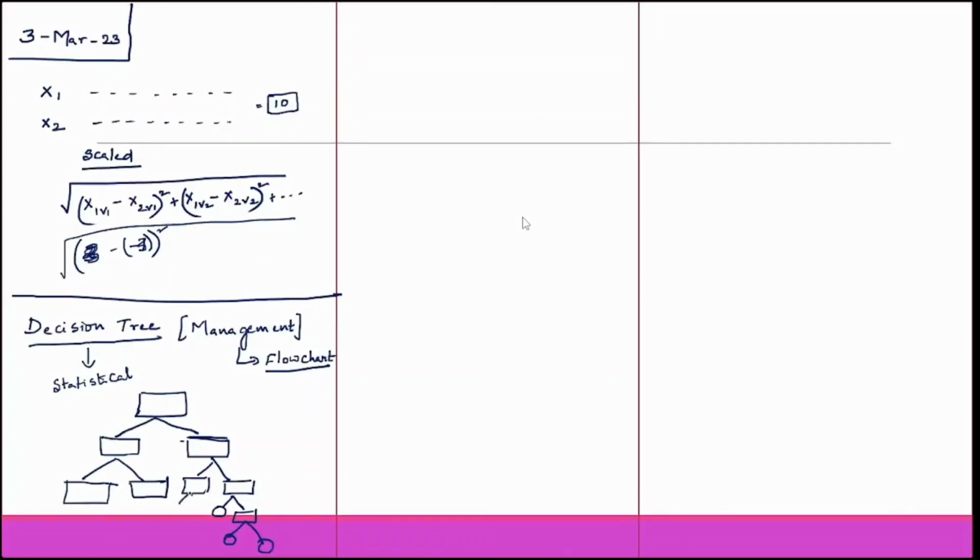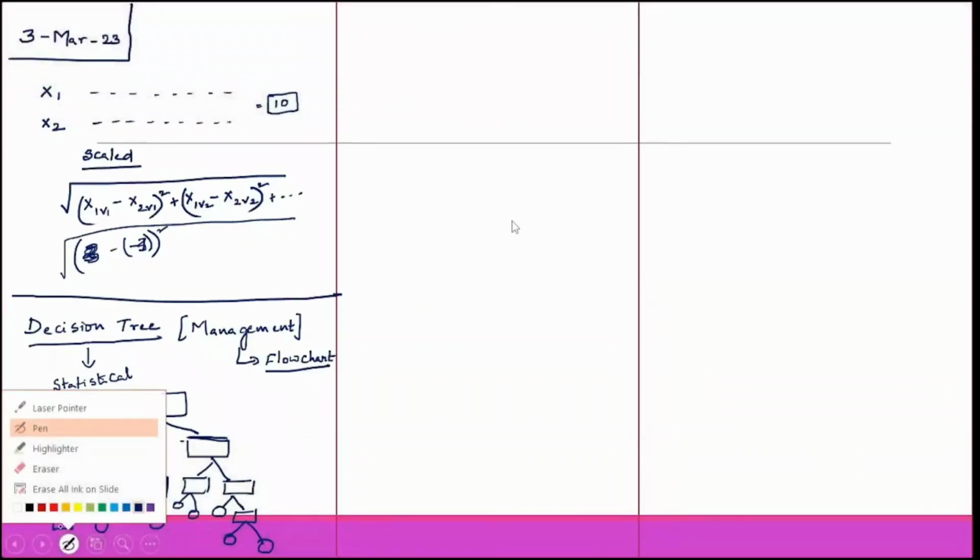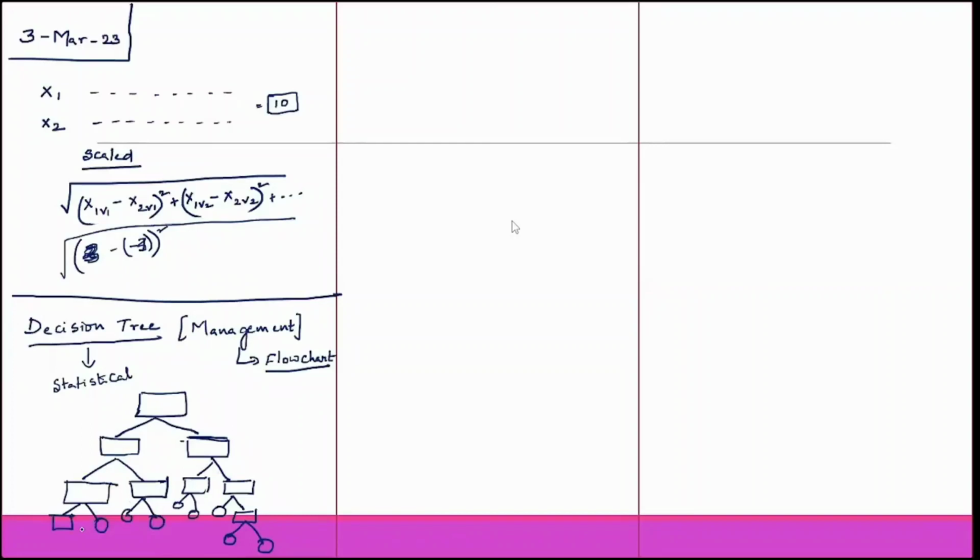So you split the data into different subgroups like this. So this is the kind of decision tree in the world of statistics.